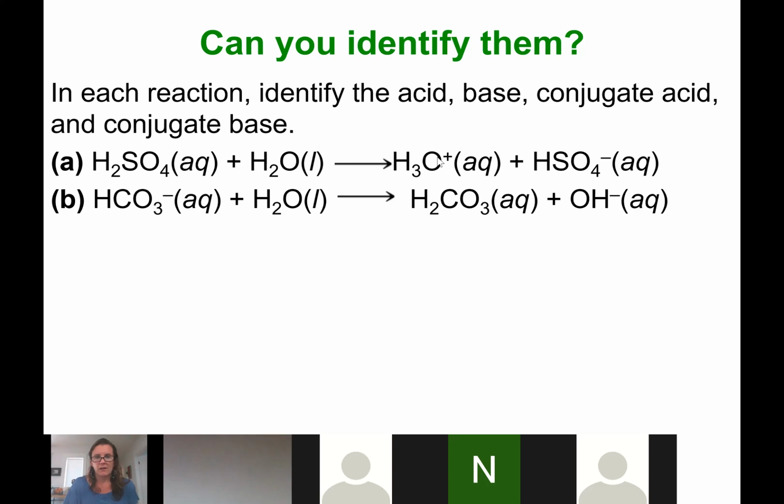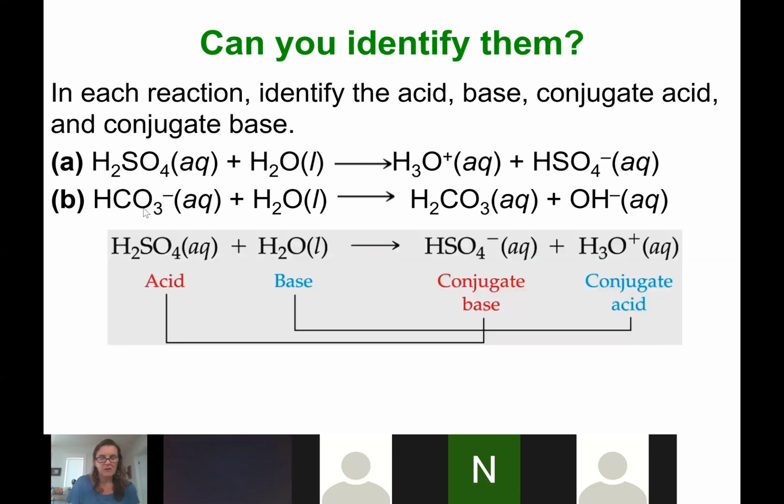Water and hydronium here. The hydronium has more H's, so this is the acid form, the conjugate acid. So we have an acid, conjugate base. We have a base, conjugate acid. And that's shown there.